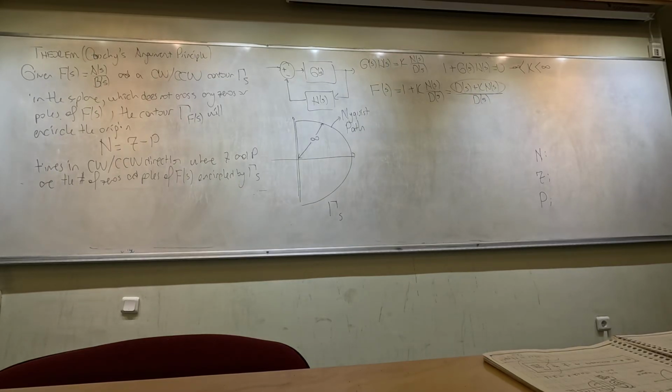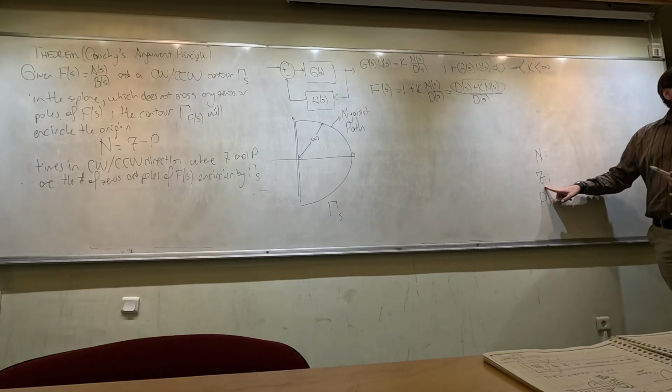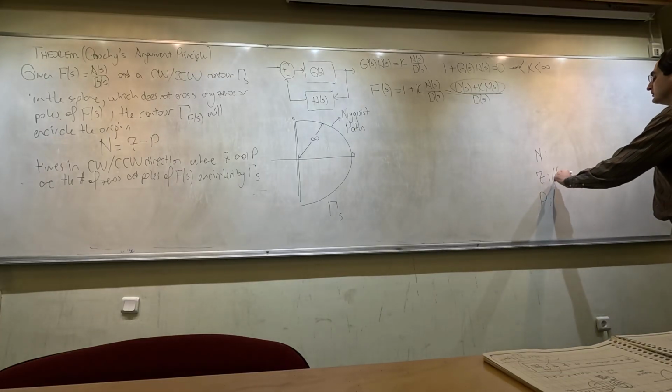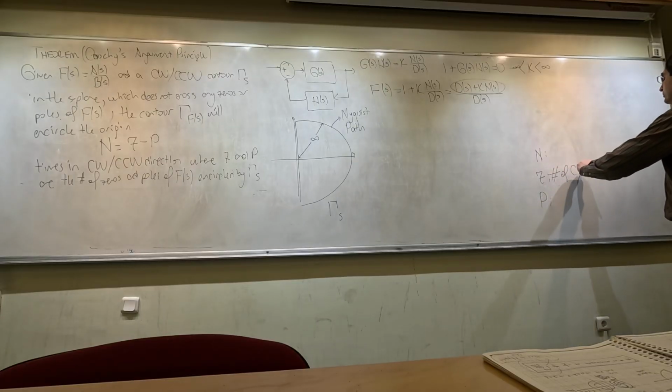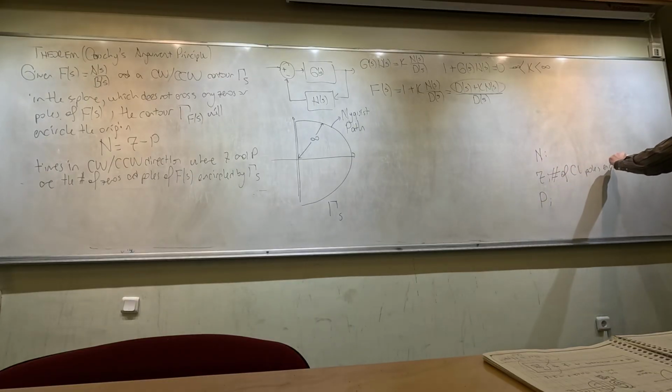They are the poles of the closed loop system. Okay? So here, Z is going to be the number of closed loop poles encircled by the Nyquist path.